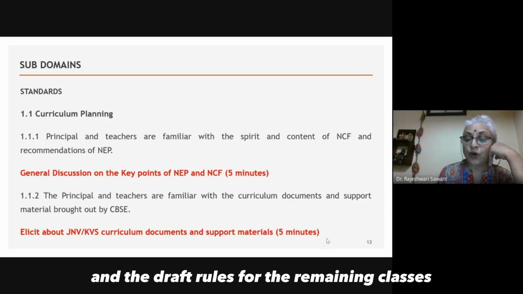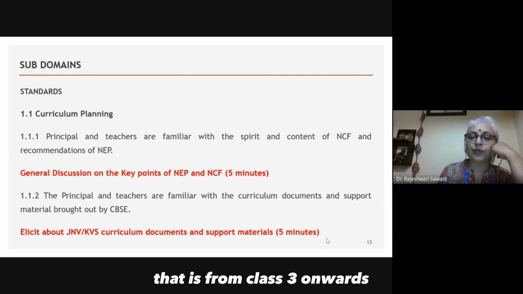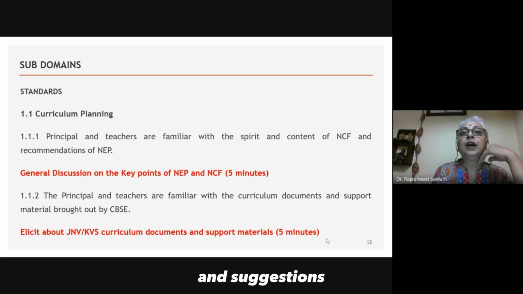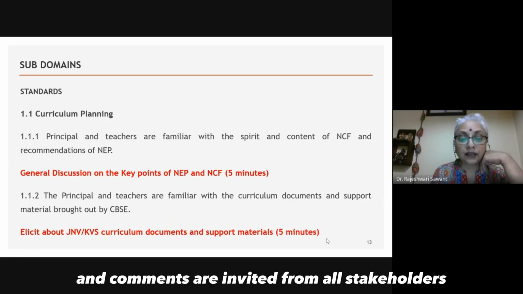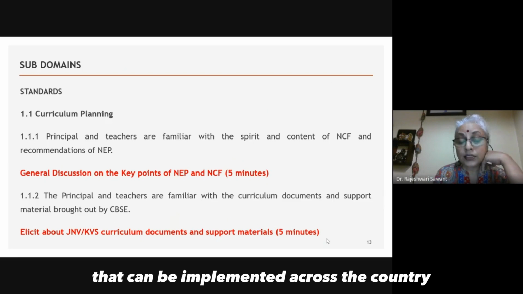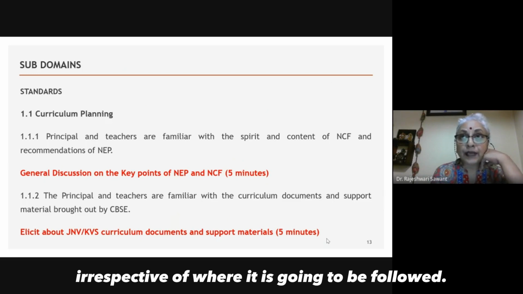And the draft rules for the remaining classes, that is from class 3 onwards, has already been floated. And suggestions and comments are invited from all stakeholders so that it can be a very well-researched document that can be implemented across the country, irrespective of where it is going to be followed.